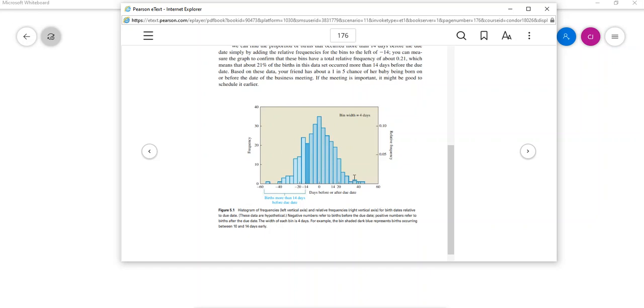So this is what we refer to as a normal-like distribution. This is days before or after due date. Okay, so this is kind of a shape of a normal distribution.